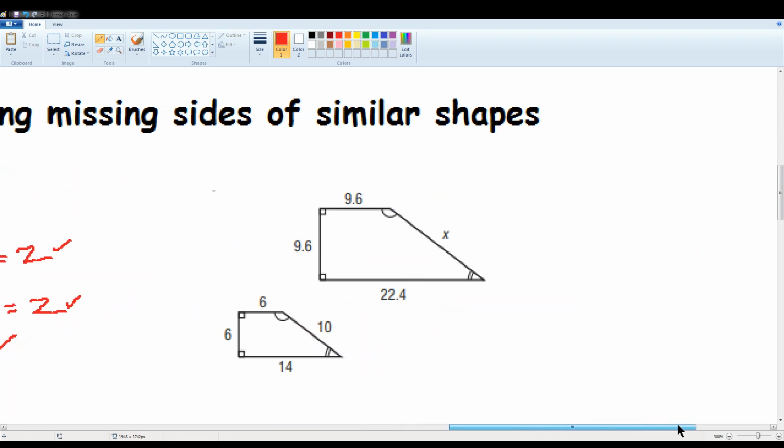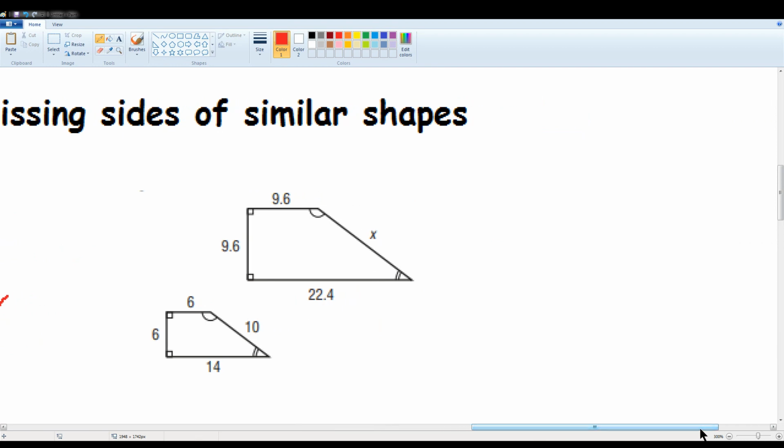Okay, find the missing side, x, in this diagram. What you should have done is, again, I'm going to call this one new, this one old. If you labeled them the other way, it doesn't matter, but I just make sure I'm writing a new over old fraction.